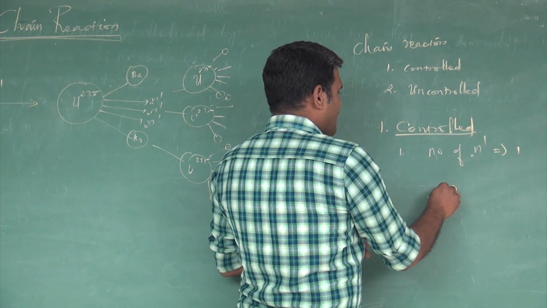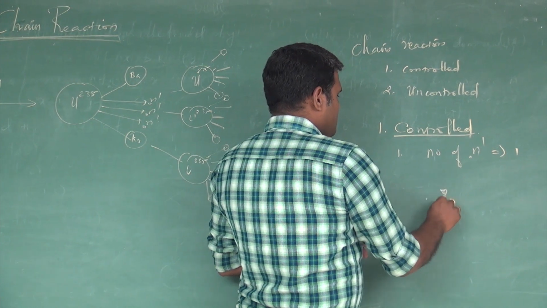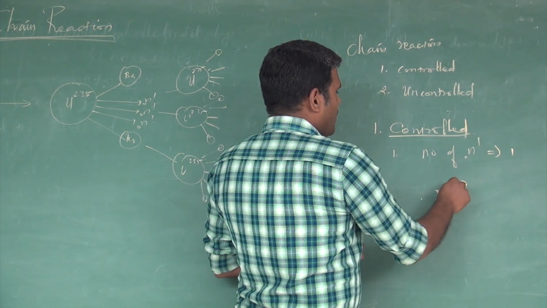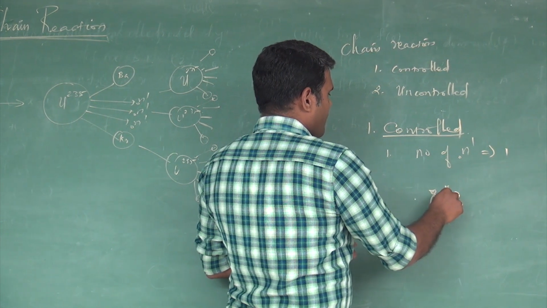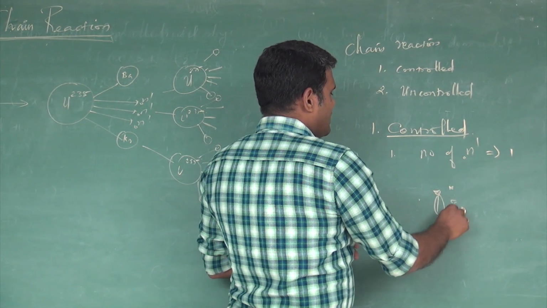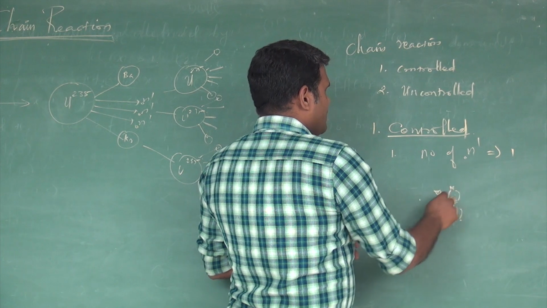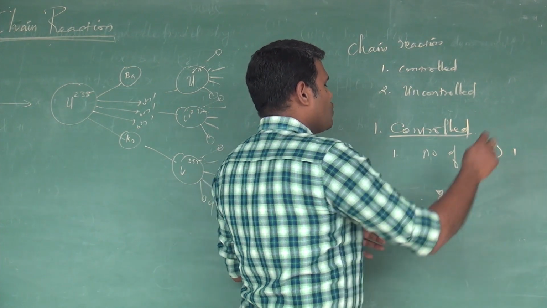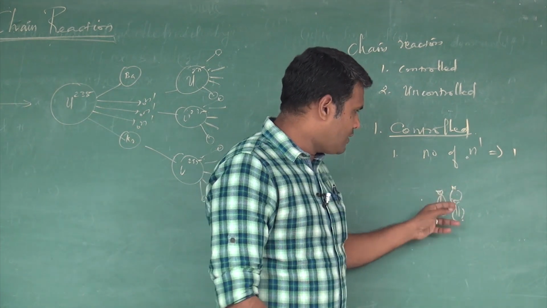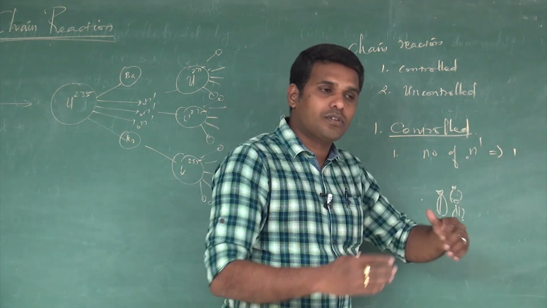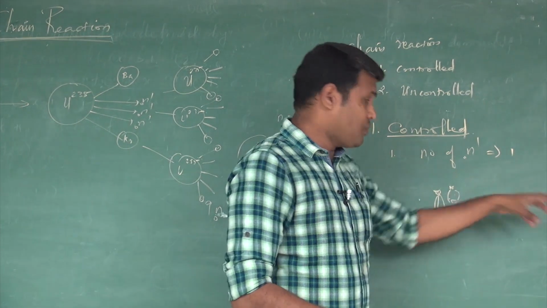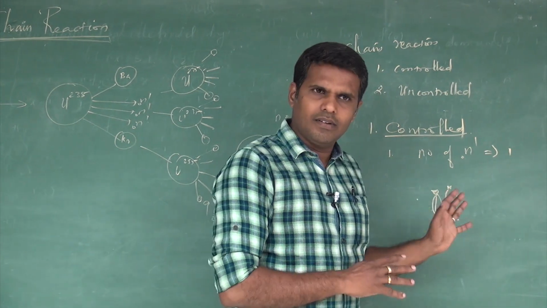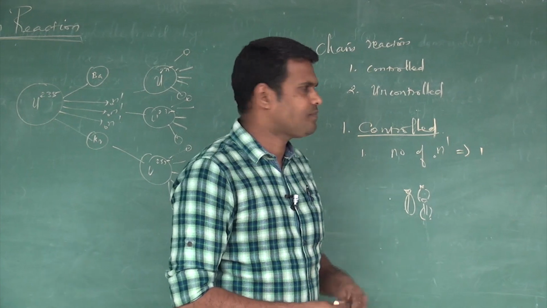There will be a bowling pin like this, followed by 2 bowling pins. When one hits the other, the 2 will fall down. These 2 will hit 4 and the 4 will hit 8 and so on. So when the bowling ball hits 1, it continues further and further so that all the pins will fall down. That's a very simple example to explain chain reaction.